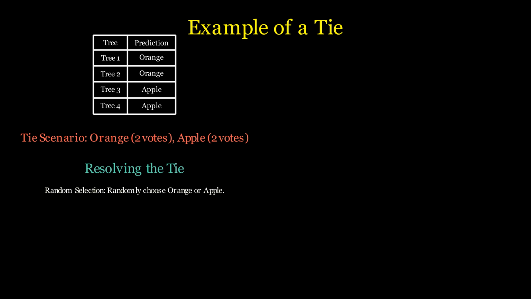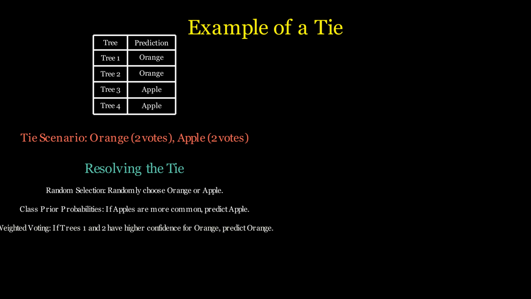The simplest mechanism is random selection. The algorithm randomly picks one of the tied classes, such as orange or apple. If the class prior probabilities are known, the algorithm selects the class with the higher prior probability. For example, if apples are more common, it predicts apple.